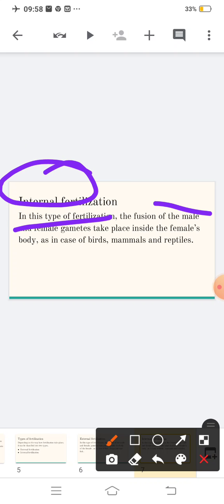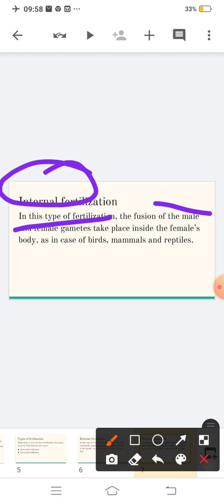It doesn't mean that they don't require female and male separately. They require both, but after the fusion, whatever eggs they produce will grow outside the female body. They don't require the female body. But in internal fertilization, the fusion of male and female gametes takes place inside the female's body. Examples: birds, mammals and reptiles.